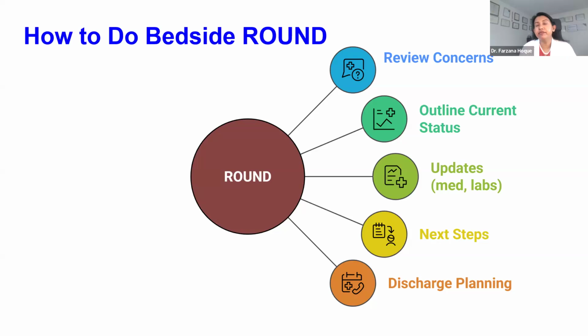Ask yourself when you are reviewing the chart: what are the barriers to this patient's safe discharge? Maybe this patient needs prolonged IV antibiotics. Maybe you need to set up all those antibiotic arrangements for discharging the patient. Or maybe you are waiting for another consultant team's recommendation to finalize when this patient can be discharged.